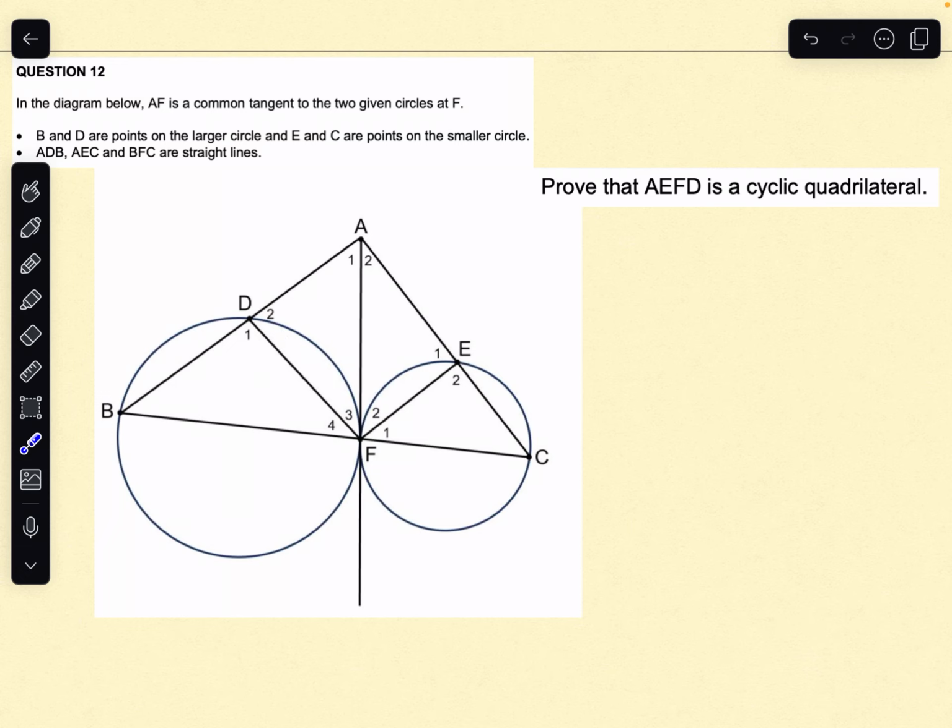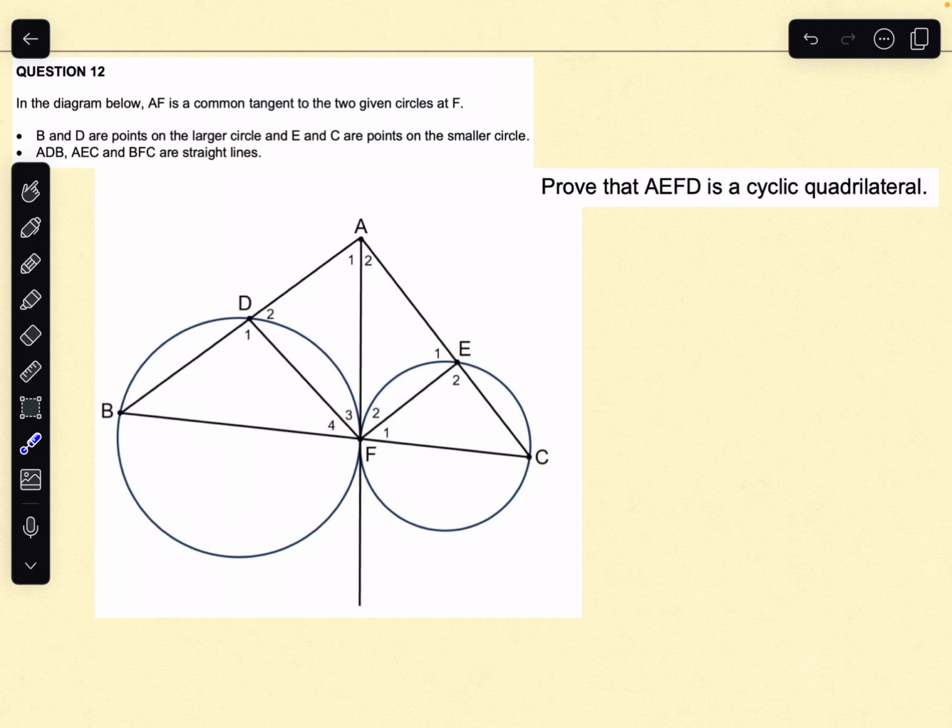The 1.5th route is to prove that an exterior angle is equal to the opposite interior one. And why I call that the half route is that it's kind of the same as the first route, right? If you can prove that these two are supplementary, then essentially you've proved that this one is equal to this, because these two are also supplementary. So, yeah, one of those two can work.